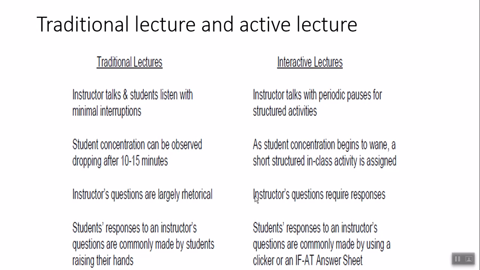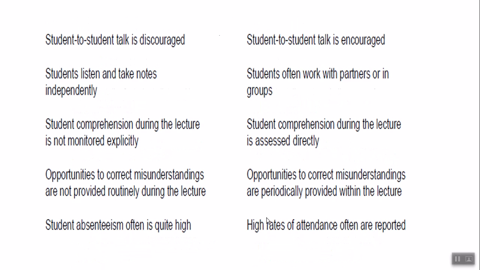Whereas in the interactive lecture, instructor's questions require a response, and students respond by using clickers, or if they have used a technology, what you call ICT based activities. Student to student talk is discouraged in the traditional lecture because normally teachers want pin drop silence. Here, student to student talks are encouraged.